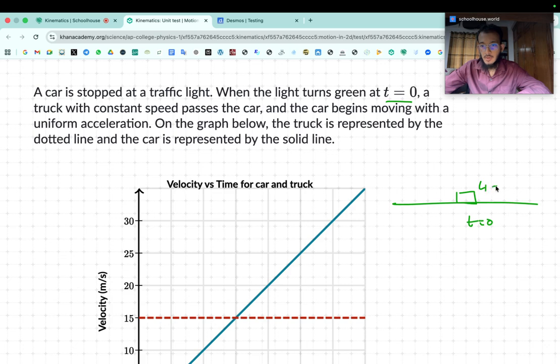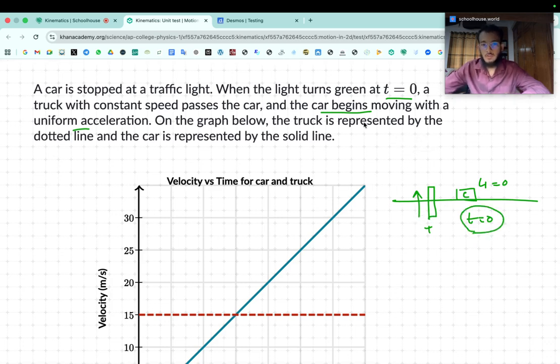It has an initial speed of zero because it's at rest, but the truck passes the car and the car begins moving with uniform acceleration, while the truck is moving at a constant speed. It passes the car at the exact time when t equals 0.